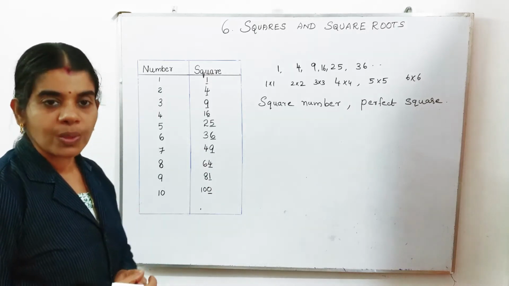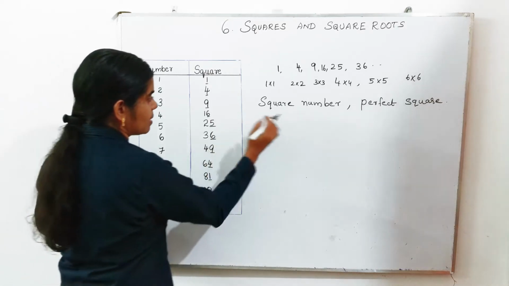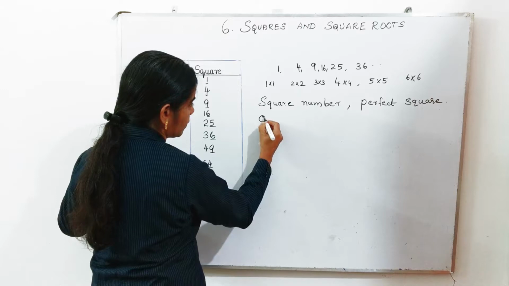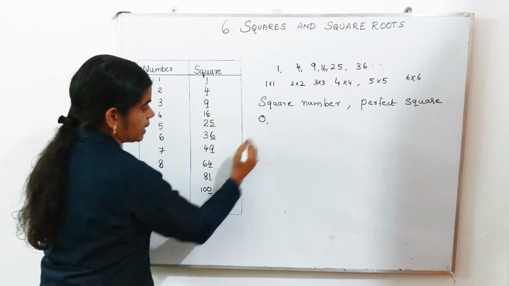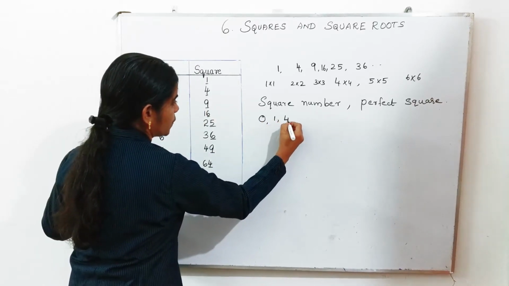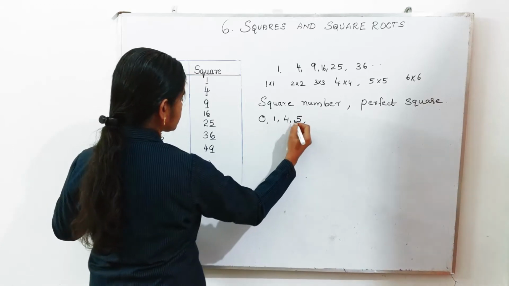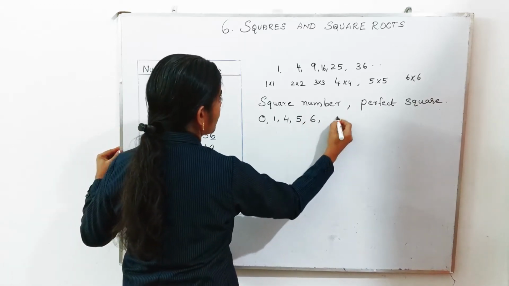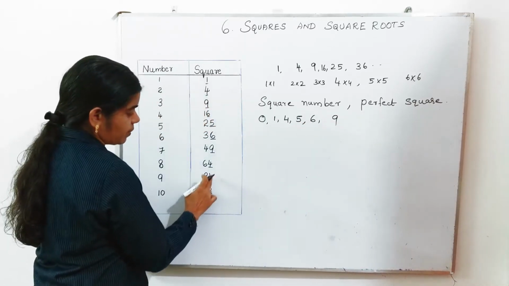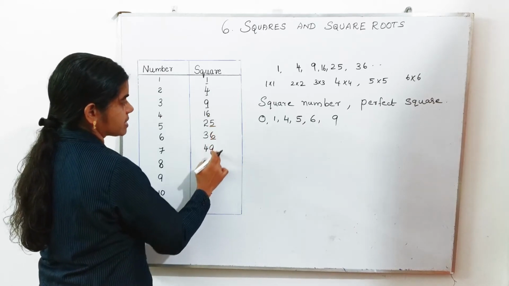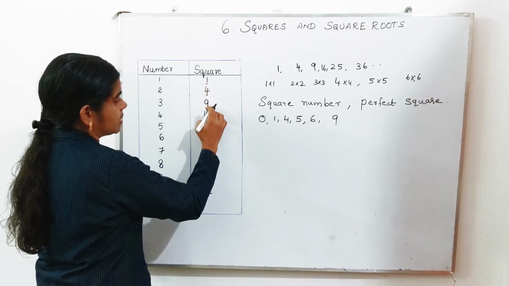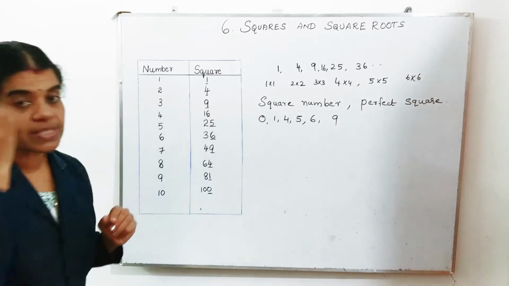Most probably the unit place of square numbers will be 0, 1, 4, 5, 6 or 9. Just look: 0, 1, 4, 5, 6, 9. Again 1, 4, 9, 6, 5. Most of the square numbers.